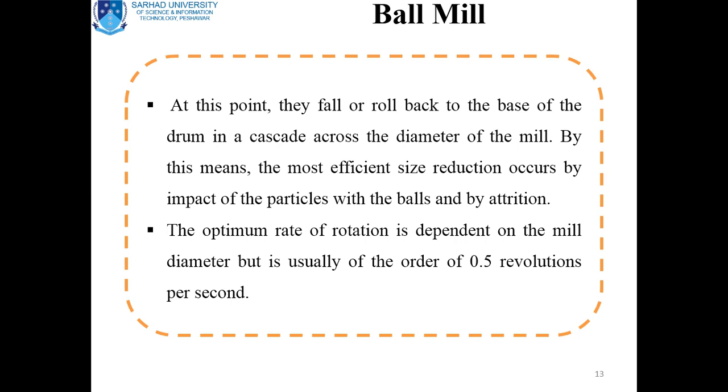By this means, the most efficient size reduction occurs by impact of the particles with the balls and by attrition as well. The optimum rate of rotation depends on the mill diameter, but is usually of the order of 0.5 revolution per second. This is the explanation of why slow speed or high speed is not recommended for efficiently producing particle size reduction.